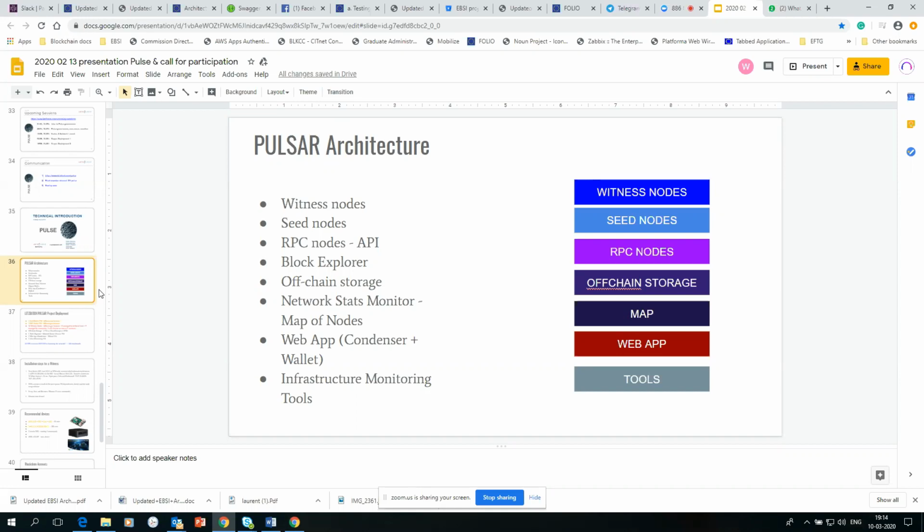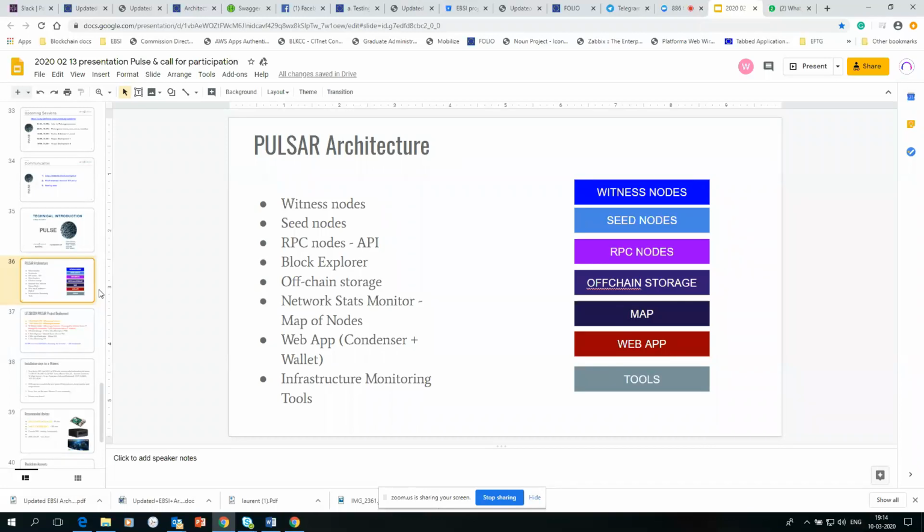The seed nodes, apart from storing the same ledger, have the role of behaving as a connection hub. This means that all the witnesses and all the RPC nodes in the network are connected via this connection hub, which are the seed nodes. That's why we said we cannot bootstrap the network if we don't have this kind of connection hub up and running.